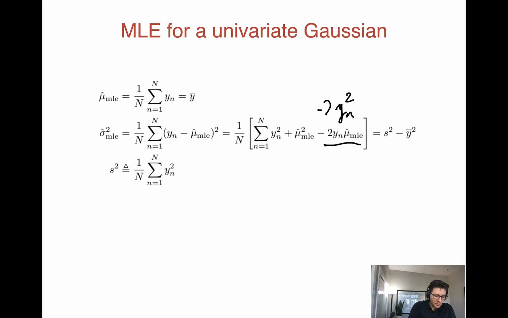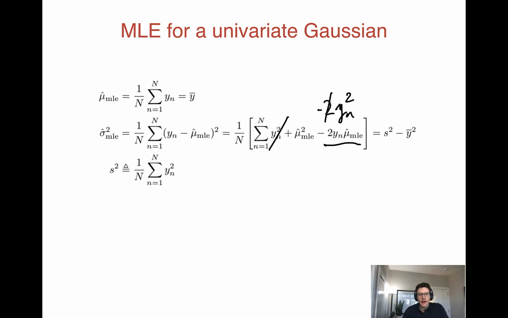And because this is a minus 2 times that, this term and that 2 cancel out, and we get this thing here, where y bar squared is just this same expression here, the mean, and s squared is this thing, the average sum of squares, 1 over n sum of yn squared.